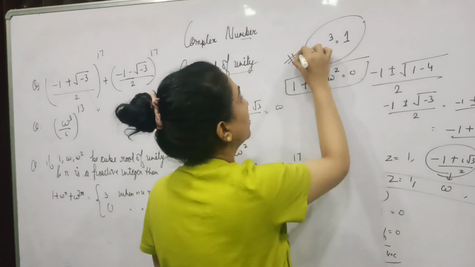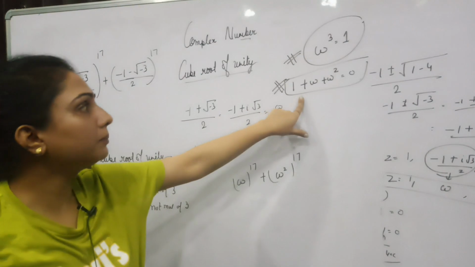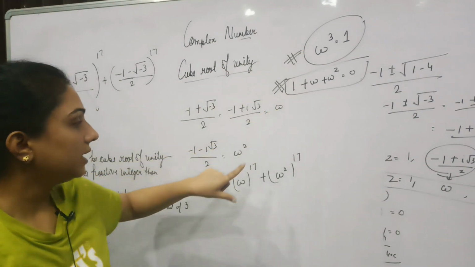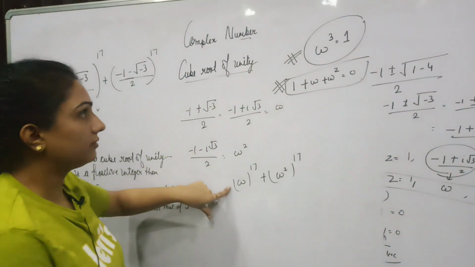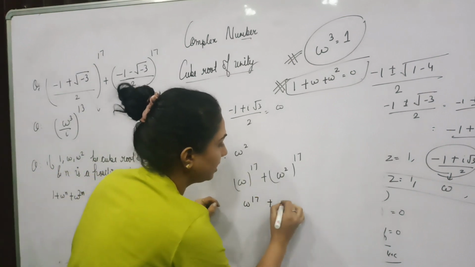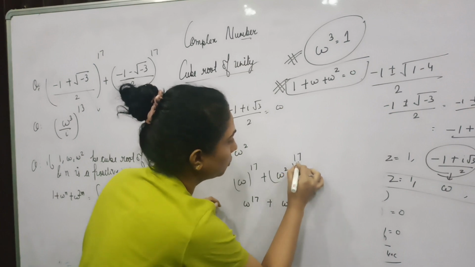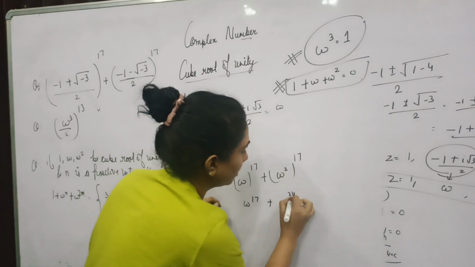This is the important one. Okay, you have to remember these two formulas. So now we will solve it. See, omega raised to power 17 and omega square, multiply the square with this, 7 to 14, 34.